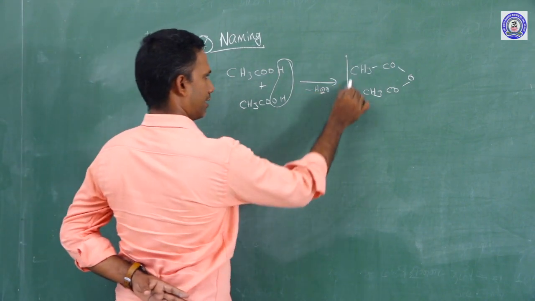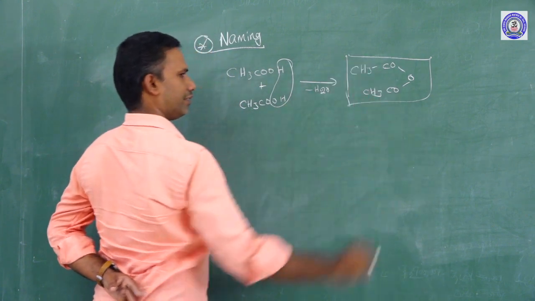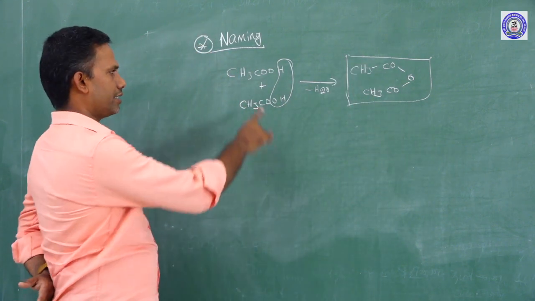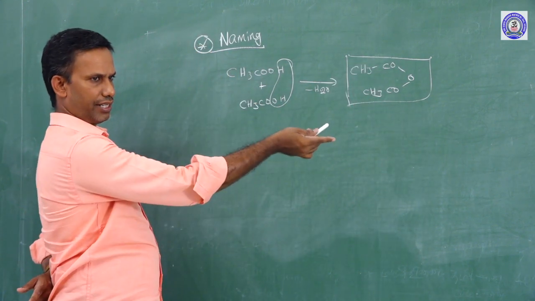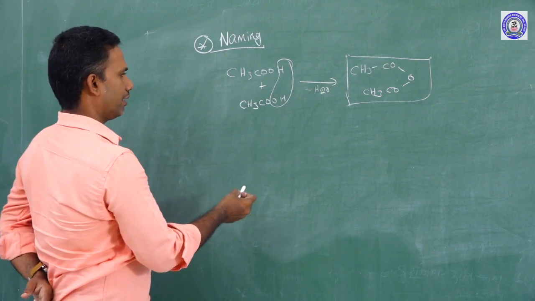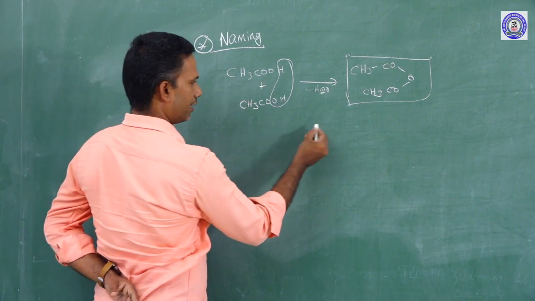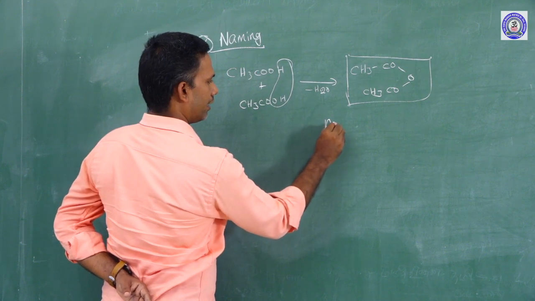This is acetic anhydride. So always the acids will be the same, so it is very easy. The IUPAC nomenclature says that it is an alkanoic anhydride.